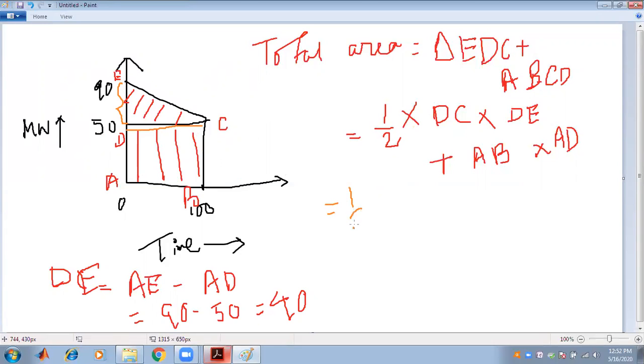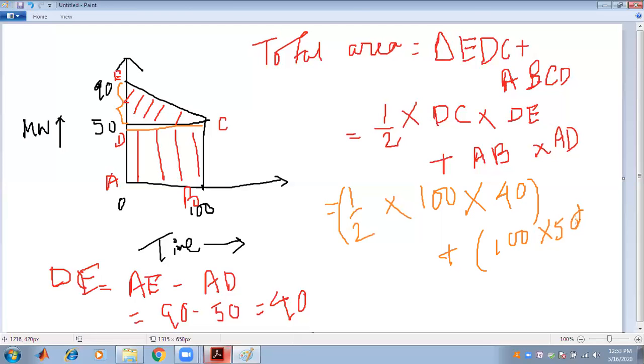So half into DC, which is 100, into DE, which is 40, plus AB is given as 100 and AD is given as 50.